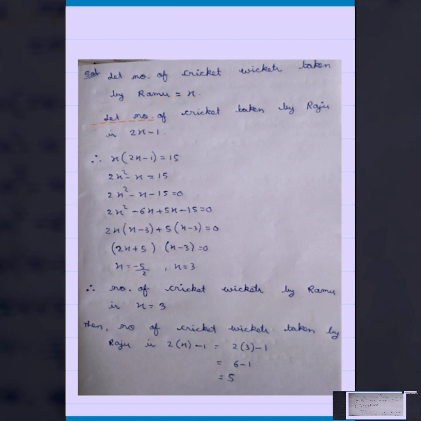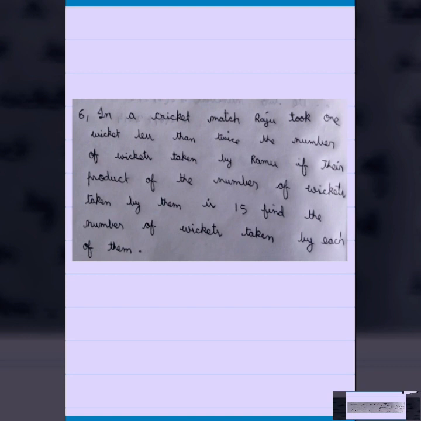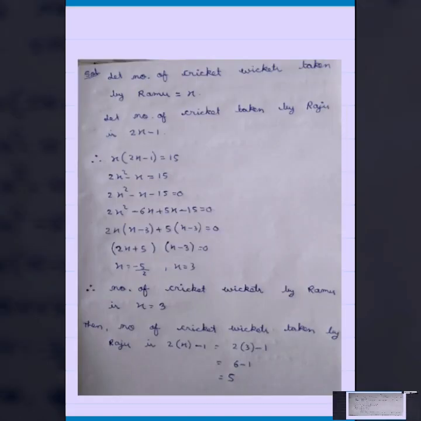And let the number of wickets taken by Raju be 2x minus 1, because in the question, he took twice the number of wickets and one wicket less. So we consider 2x, which is twice, and less than 1 wicket, so 2x minus 1.